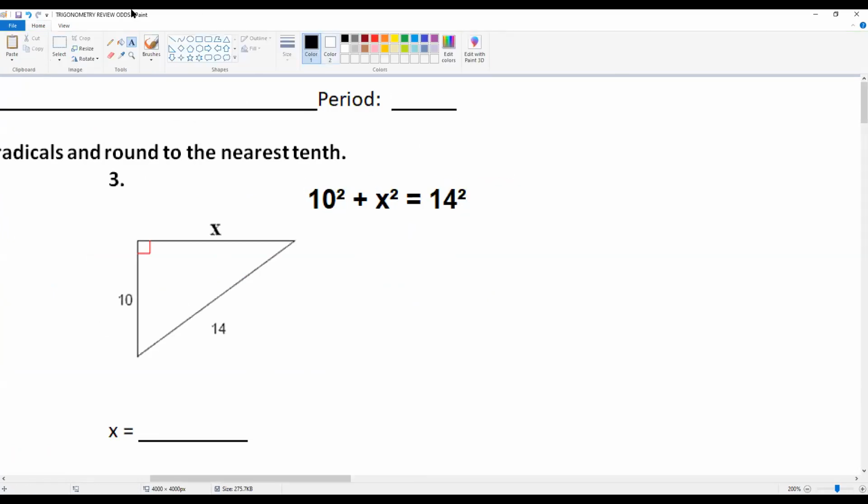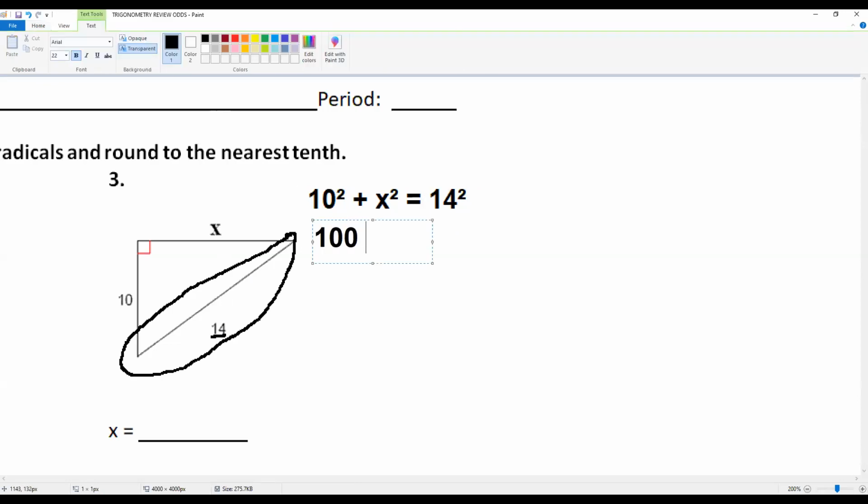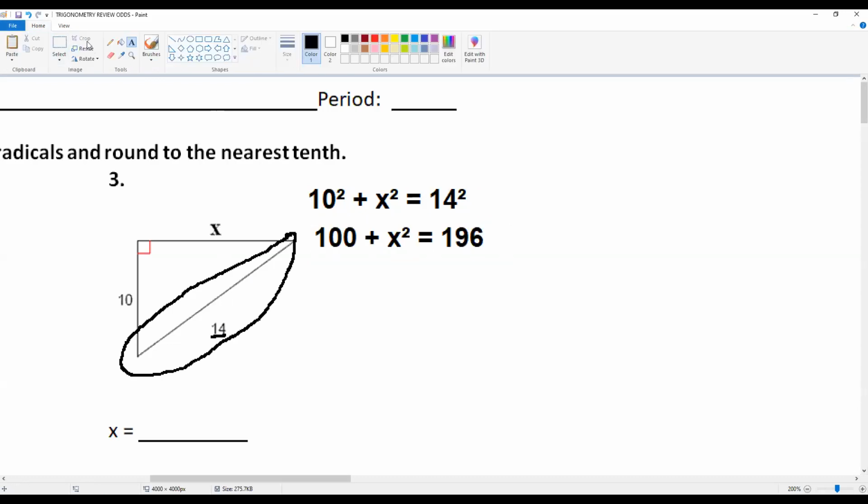Whenever you're using the Pythagorean theorem, the longest side always goes last. So in this case, the 14 is going to have to go last. And we're going to have to set it up like this instead. When you actually set it up, you're going to end up getting 100 plus x squared equals 196.